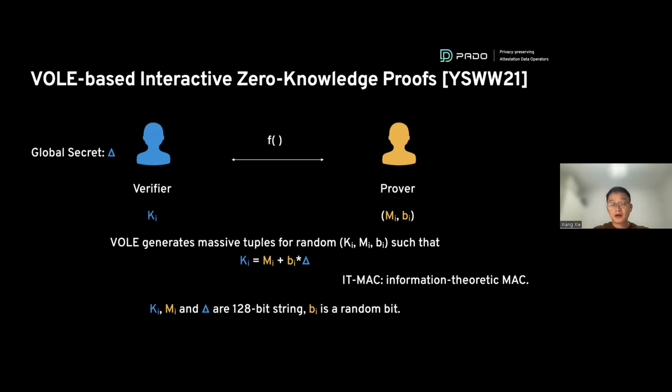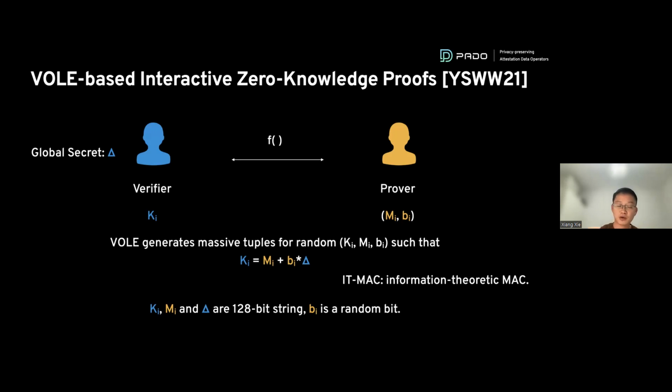and bi is a random bit. So in the VOLE based IZK case, we have to implement VOLE that can generate as many tuples as we want, and we found that there is a very efficient way to generate this kind of tuples. It's kind of for free in some sense. Given these VOLE tuples, we can construct IZK protocols very efficiently. One thing I want to mention is that this IT-MAC can be seen as a commitment of bi.